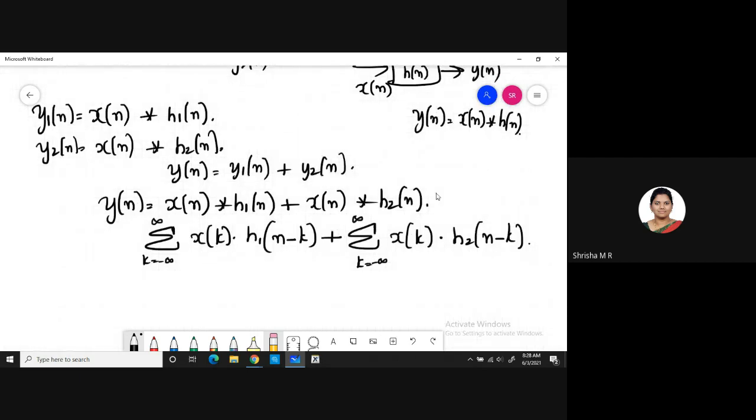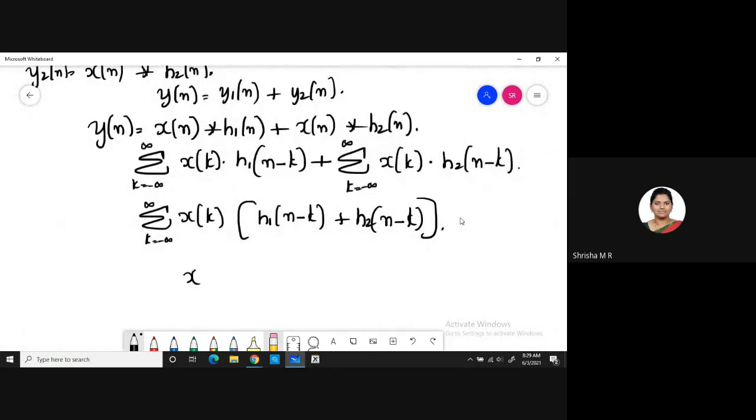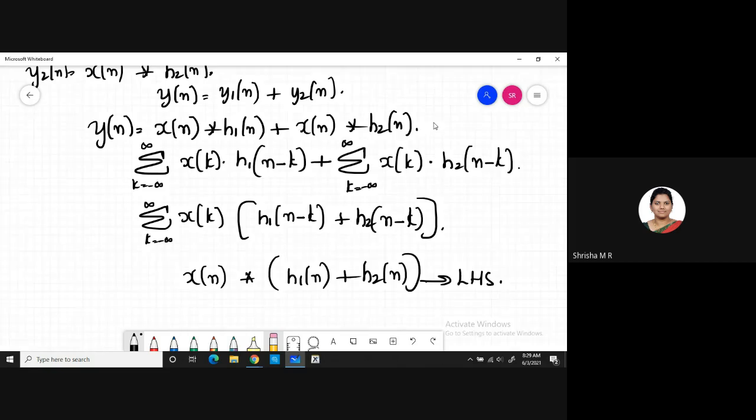Now if I take the common terms, I have summation k equals minus infinity to infinity x of k into h1 of n minus k plus h2 of n minus k, which I can write as x of n convolved with h1 of n plus h2 of n. Got it, everyone? This is our LHS. So this is the proof of the distributive property using convolution for discrete time signals.